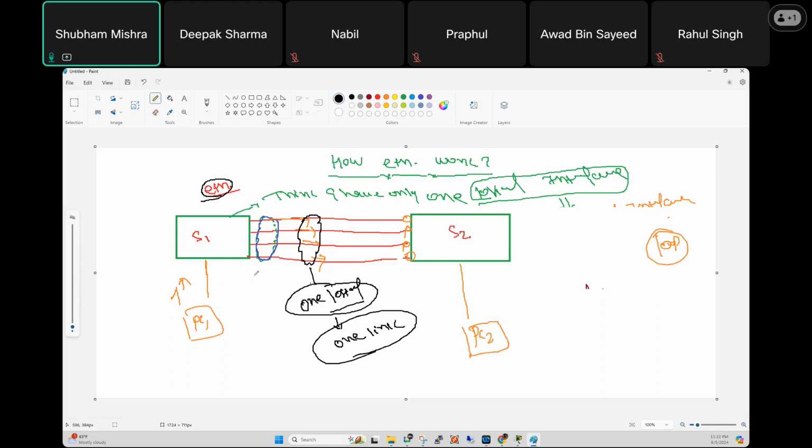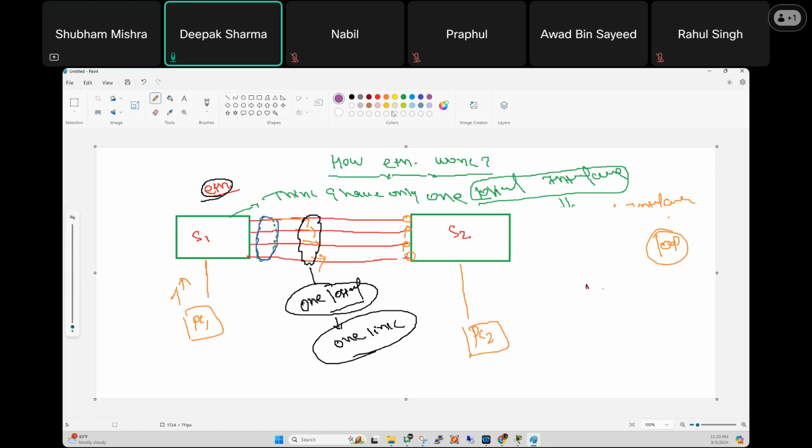So switch number 1 will decide among all four physical links; there will be only a single link. Guys, don't think your packet will go through the air. The packet will travel by the link only, but EtherChannel will decide which link will be used. There will be only one link, not all four. Clear, everyone? I hope the doubt is clear.